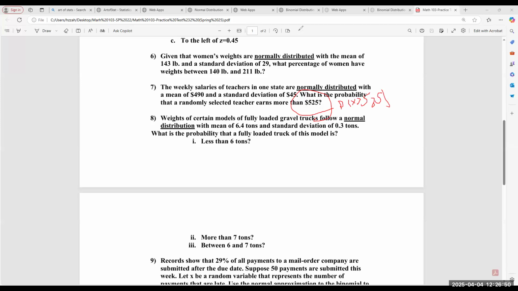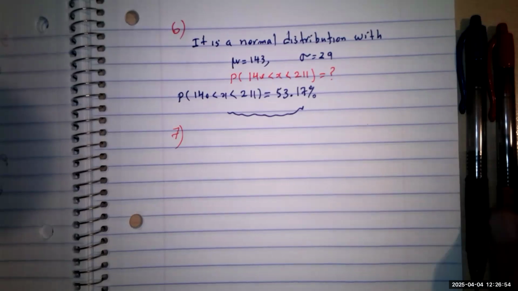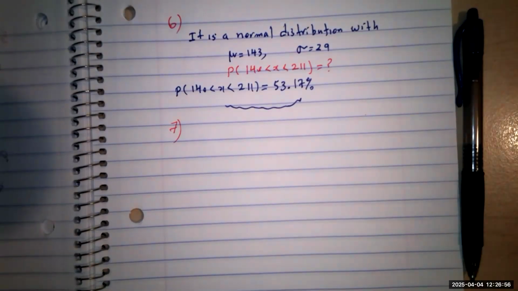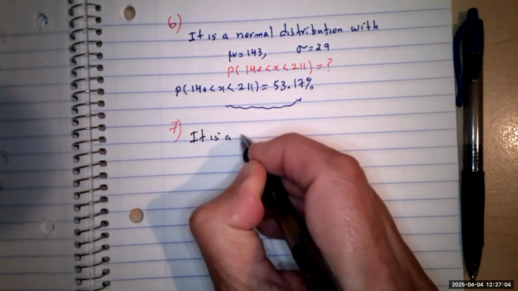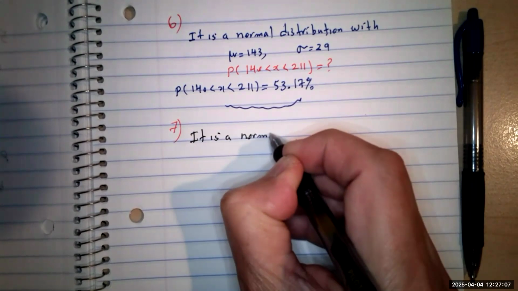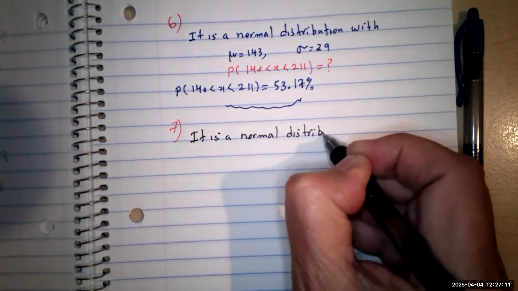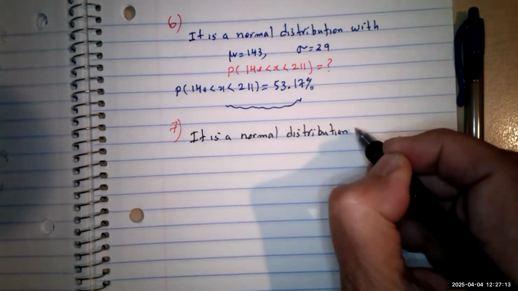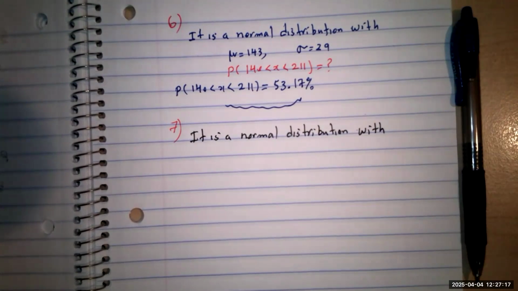So I go back to my notebook and explain it. This is going to be number 7. Then you are going to tell us that it is a normal distribution. You have to identify this for us.